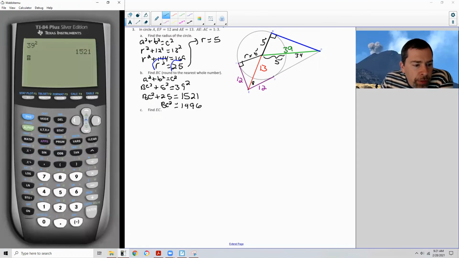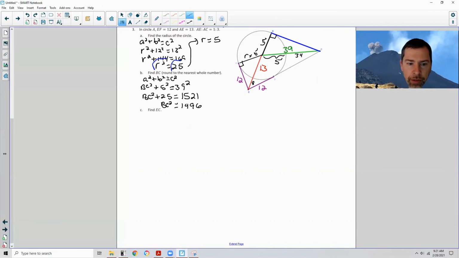So the square root of, and I'm just going to do this just in case I made a mistake, 1521 minus 25, I could do it this way. And was that the same as my square root of 1496? 38.67. So what I did here was I took the square root of both sides.